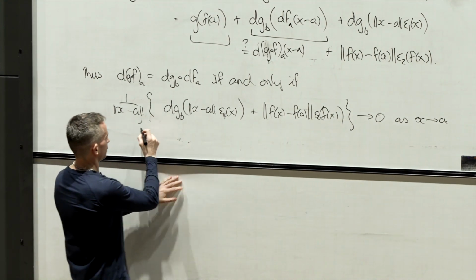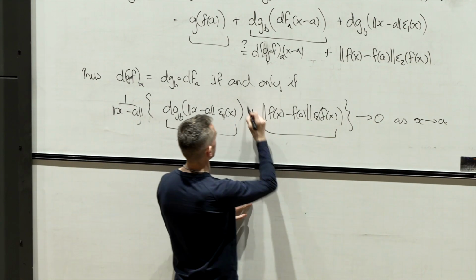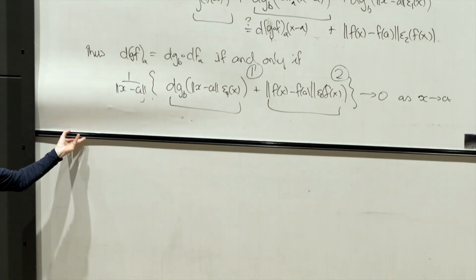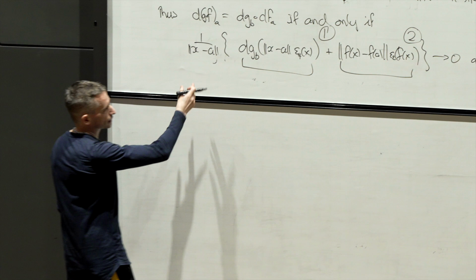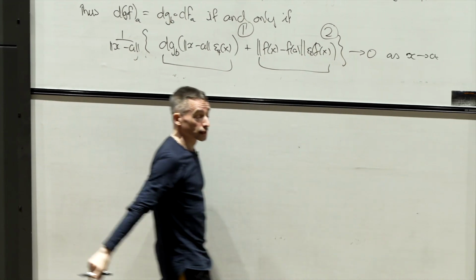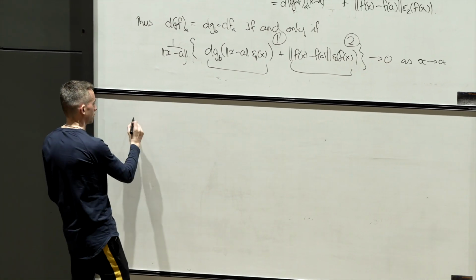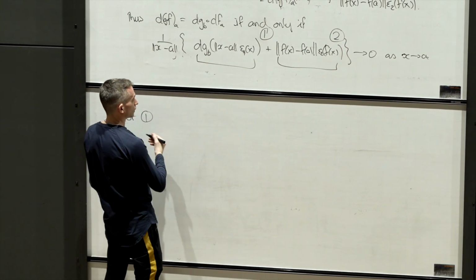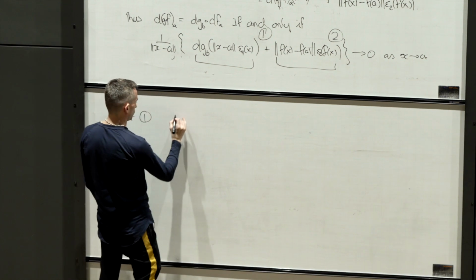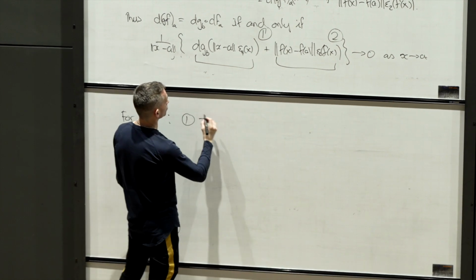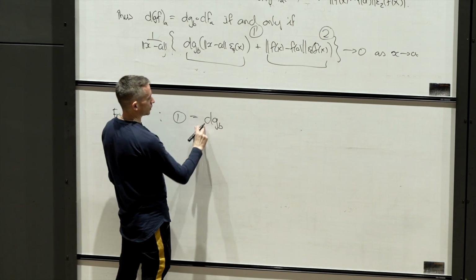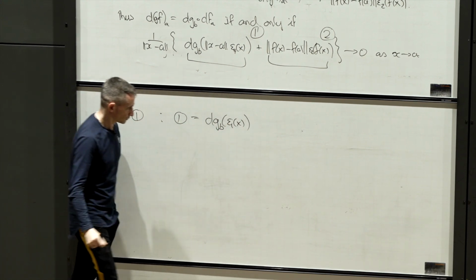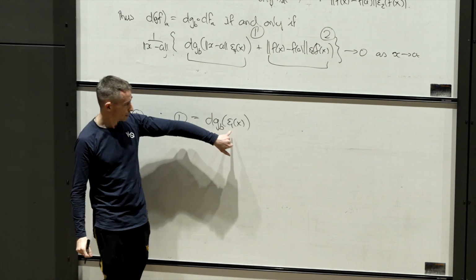Okay, so there's two terms here, one of which is easier than the other. It's enough, obviously, to check that each term goes to 0, since then their sum goes to 0. For the first one, we've got the norms cancelling. It is just equal to the derivative of g at b applied to epsilon 1 of x. And this is a linear map.